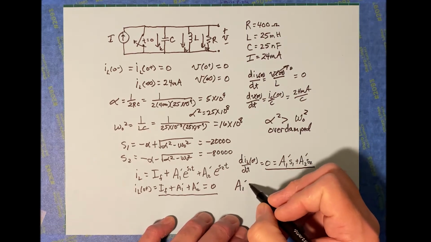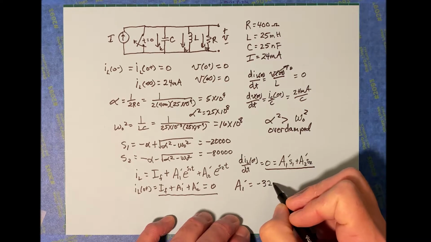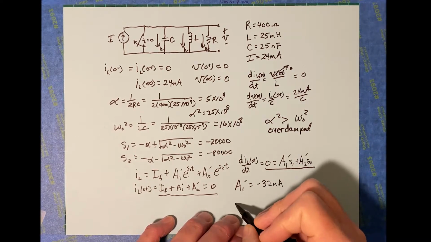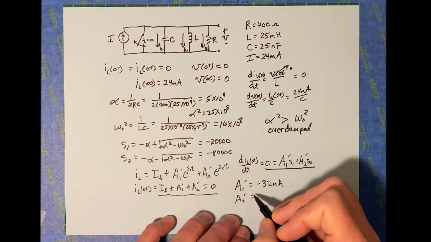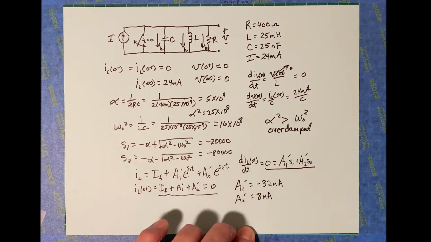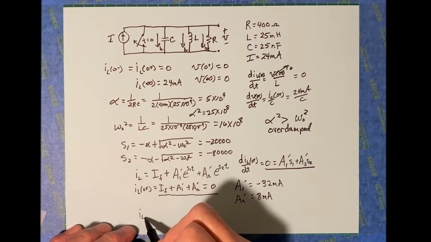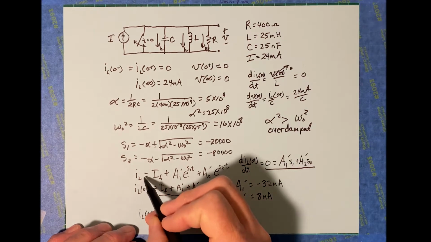I am just going to jump to the solution here. A1 prime is negative 32 milliamps and A2 prime is 8 milliamps. Okay, so now we can jump to the final solution for our I sub L as a function of time.